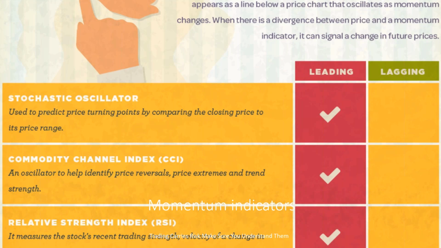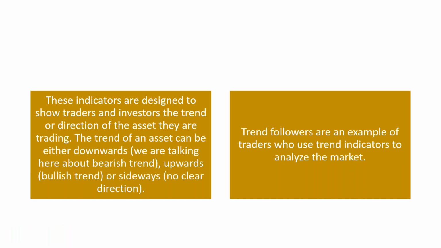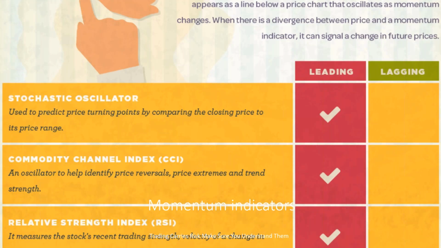Once we move away from trend indicators, we move over to another category, and these fall into the stochastics oscillator, the relative strength index, or RSI, and CCI, the commodity channel index. These are momentum indicators. Now, this again gets a little bit confusing because stochastics, as you saw, and RSI are leading indicators, but they're not trend indicators, they are momentum indicators.